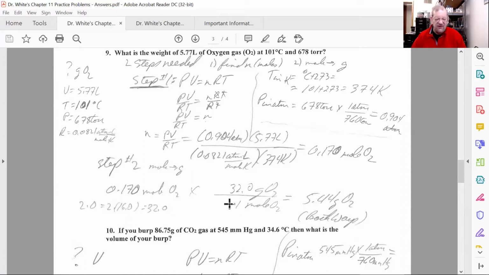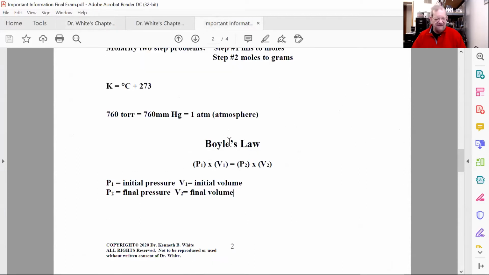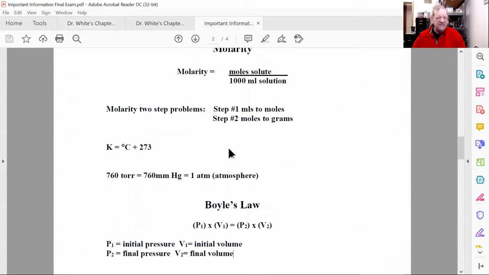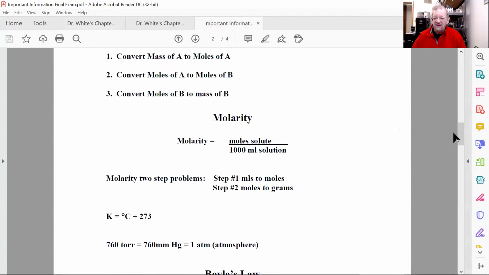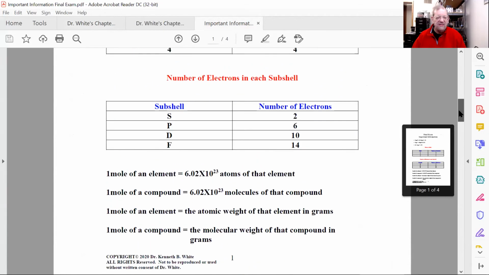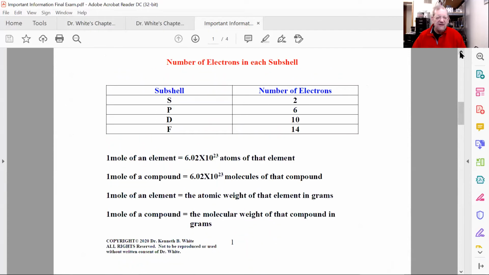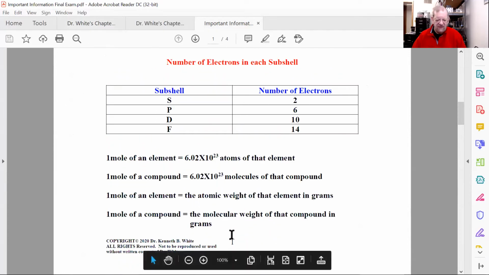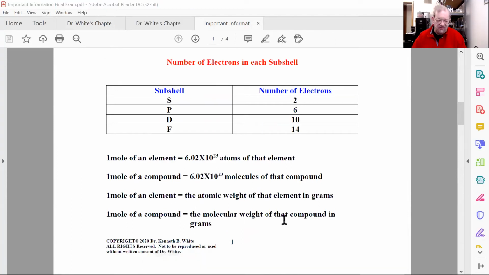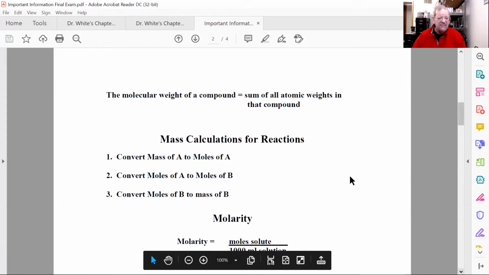Where do we get these numbers? Well, in case you forgot, one mole of a compound equals the molecular weight of that compound in grams. And on the next page, the molecular weight of that compound is the sum of all atomic weights.